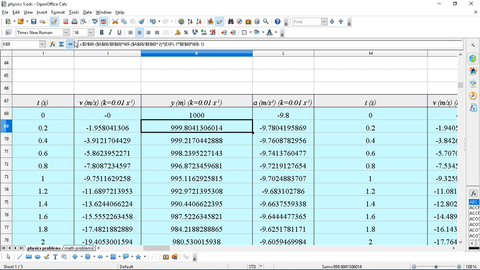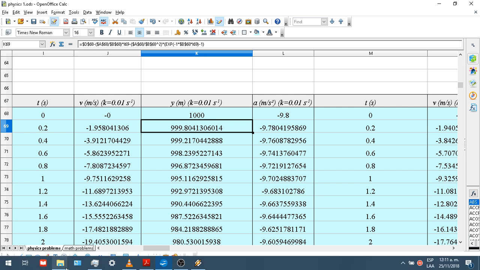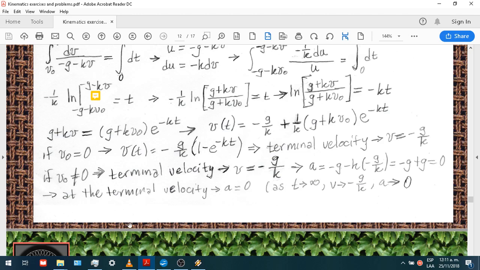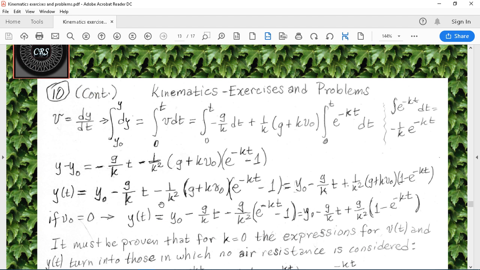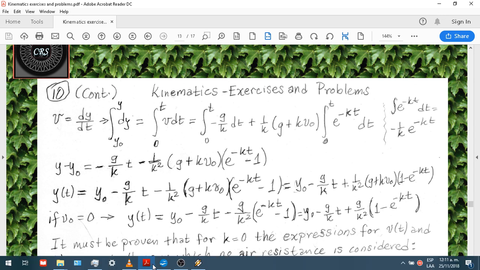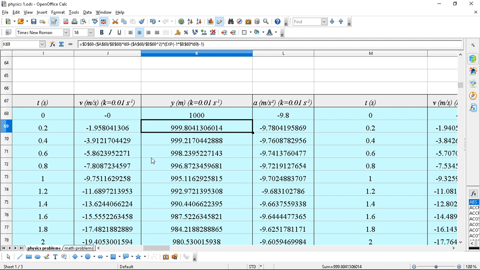Here we have the expression for the position, which corresponds to this formula here, y0 minus g over k times t plus g over k squared times 1 minus exponential of minus kt. And here we have it.